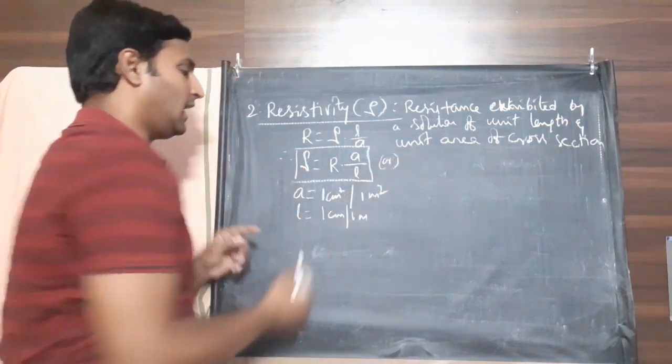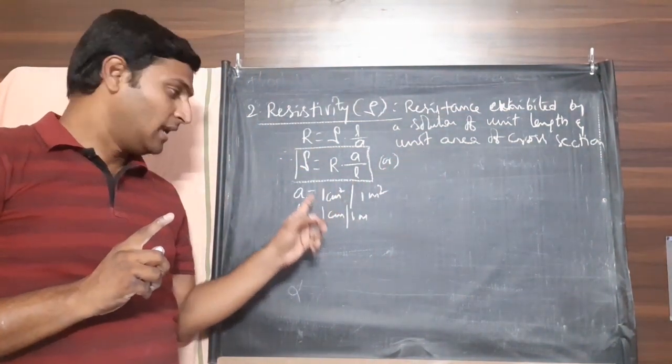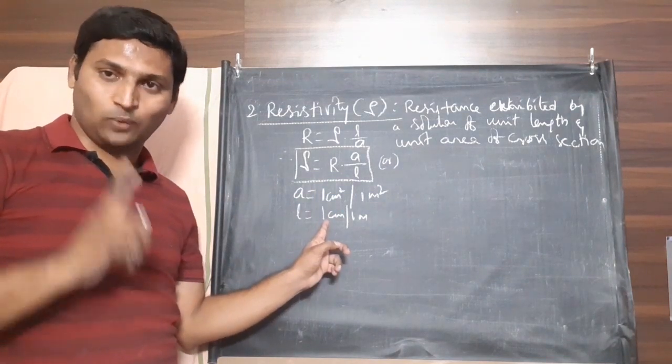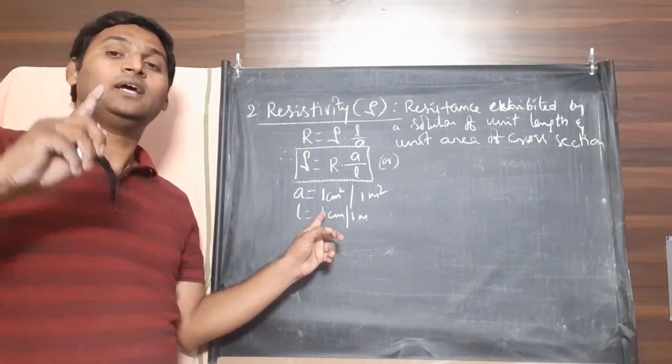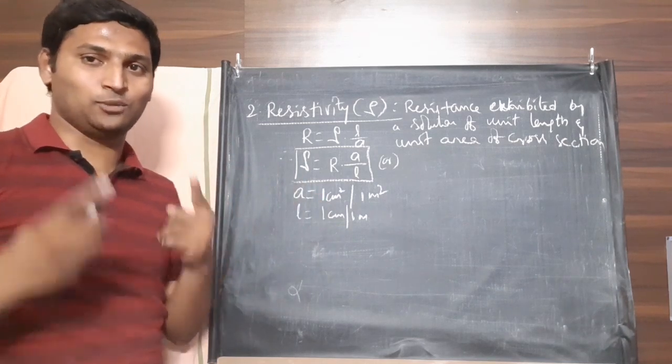Or I can say, when the area is 1 centimeter square and the length is 1 centimeter, the volume will be 1 centimeter cube. That means unit volume. So simple.